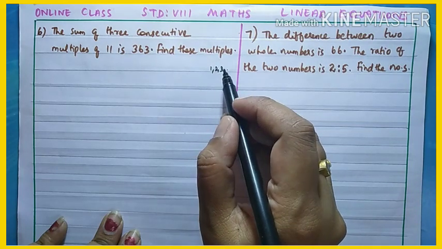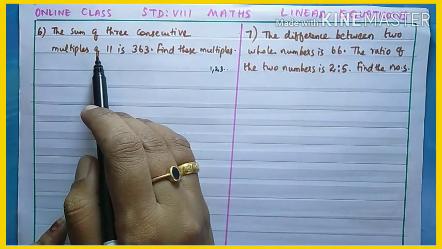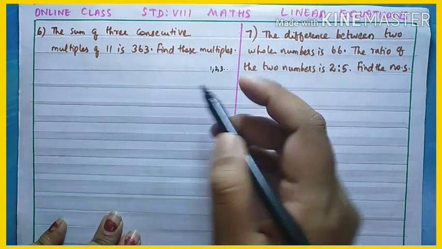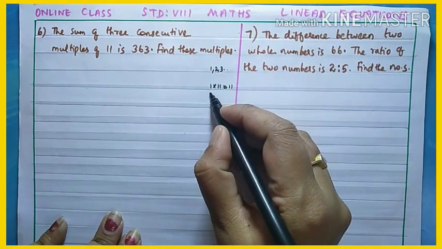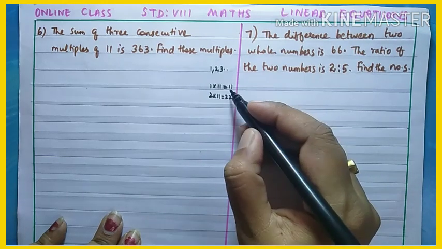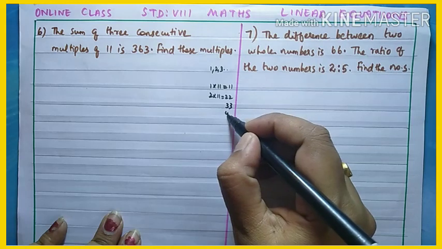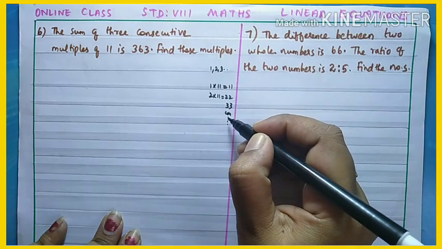Okay. So this way, here what is told, consecutive multiples of 11. Multiples of 11 you know, 1 into 11, 11, first multiple. Then 2 into 11, 22, second multiple, like that. So 11, 22, 33, 44, etc. So these are the consecutive multiples.